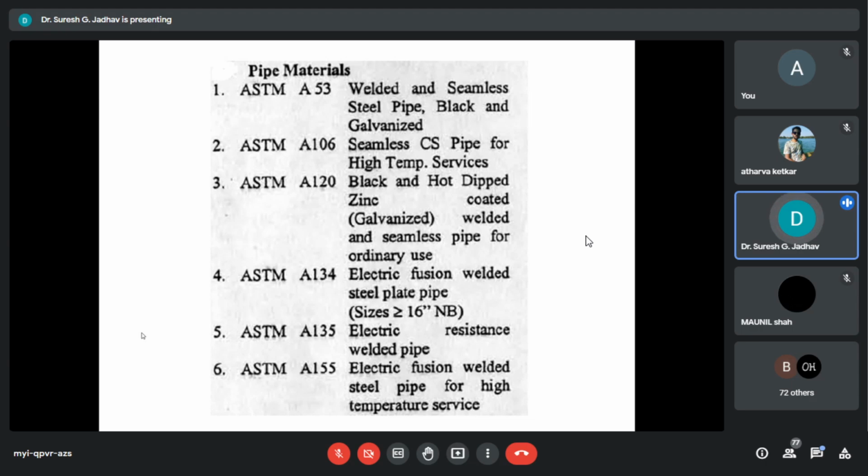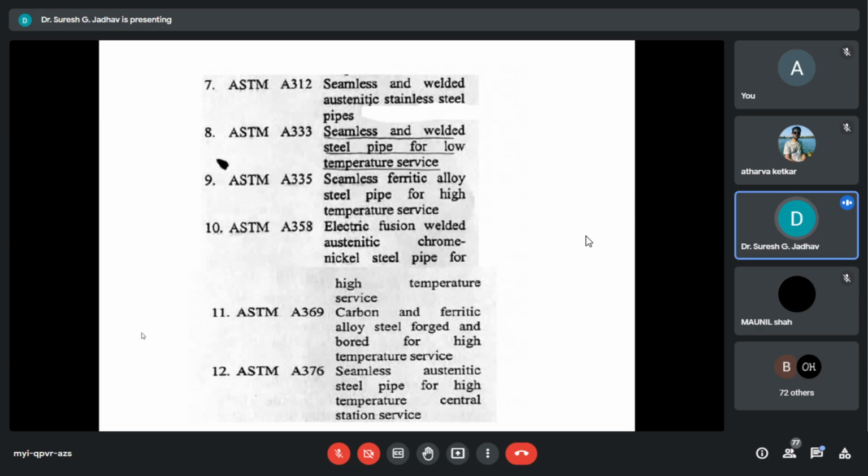That kind of pipes are used for high temperature service. And another standard we can see is A312. Here we can consider seamless and welded austenitic stainless steel pipes. So we can use both kinds of pipes, seamless as well as welded austenitic stainless steel pipes.